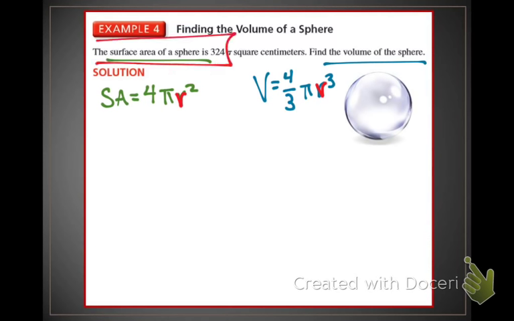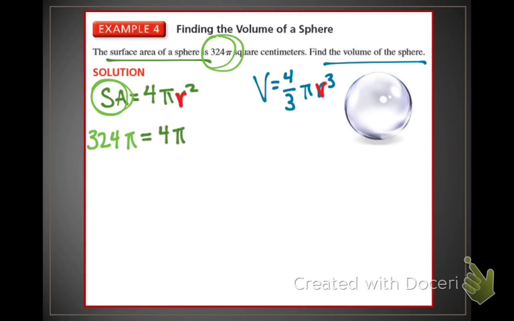So we're given the surface area. If we found the radius given the surface area, we'd plug it into the volume. So instead of saying surface area, I'm going to plug in the surface area, which is 324 pi. And the surface area equals 4 pi r squared.